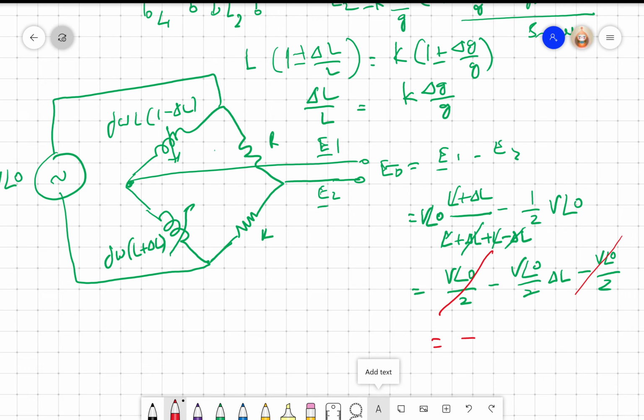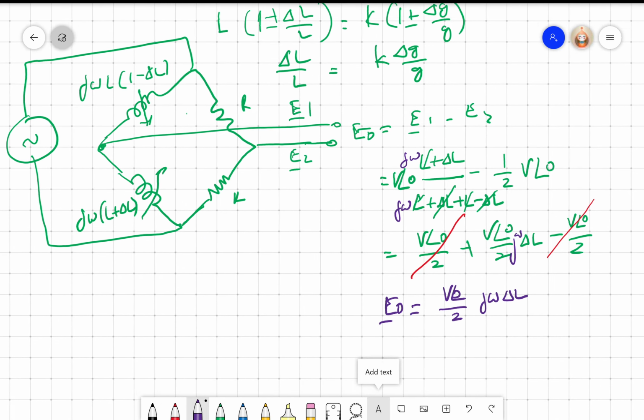Oh, this is plus, sorry. I was wondering where, this is only minus. So I will get an output voltage E naught phasor of V angle 0 by 2 into j omega delta L. Right? Please put j omega here, everywhere j omega is there. I forgot. It doesn't matter, right? Because there is no j omega in the resistance circuit.